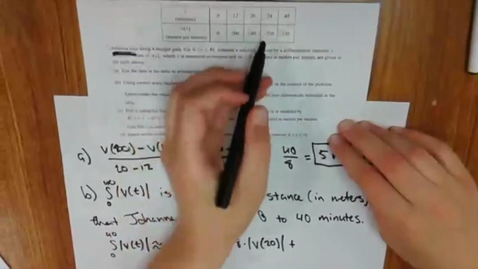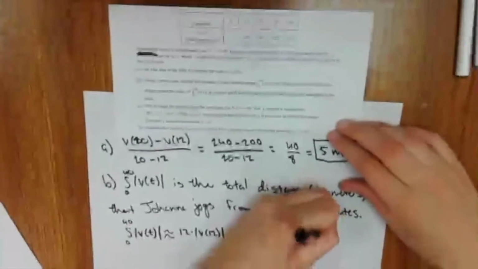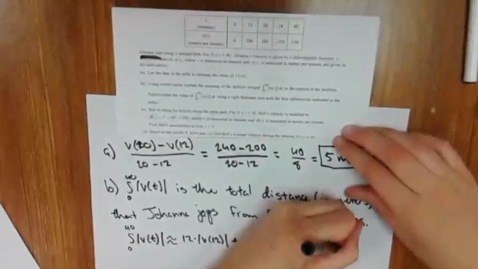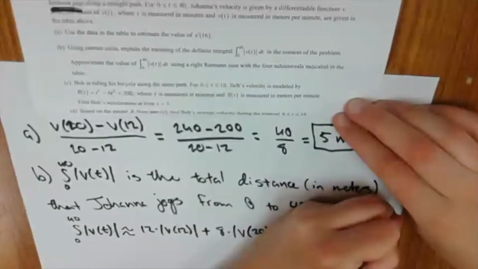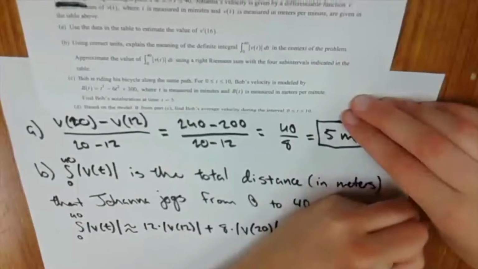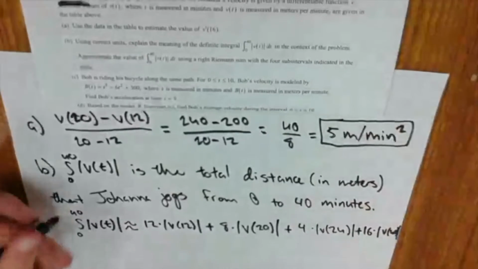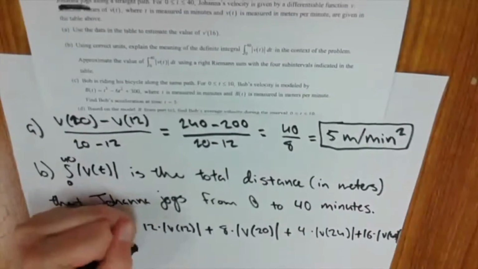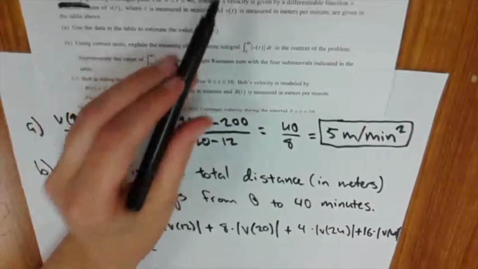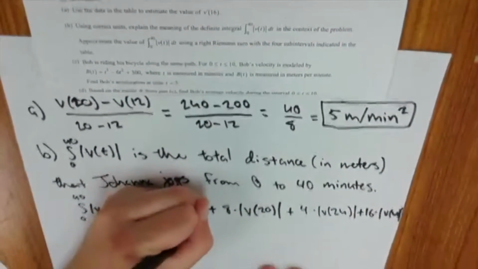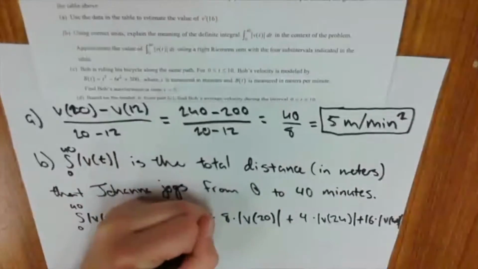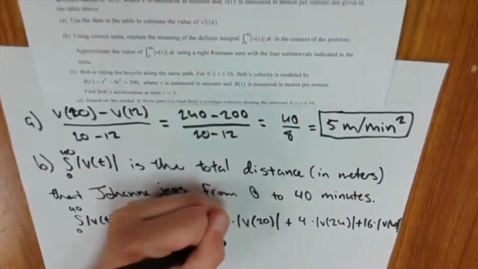And add that to 24 minus 20, which is 4 times our velocity at 24. And then finally squeeze this in at the end here. 40 minus 24 is 16 times our velocity at 40. So now we can simplify that to equal 12 times our velocity at 12, which is 200, plus 8 times our velocity at 20, which is 240.